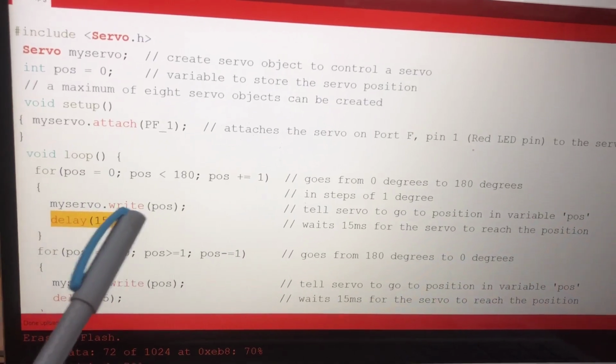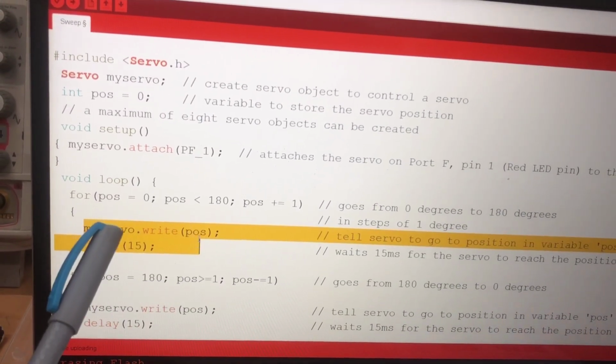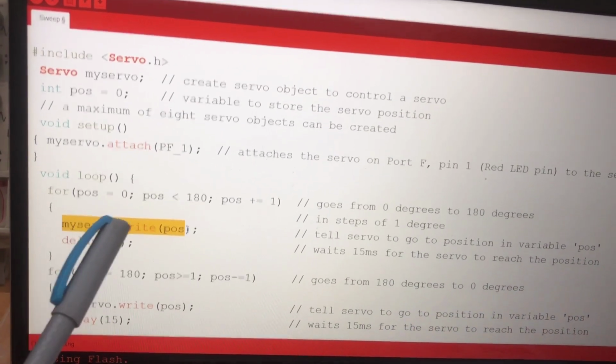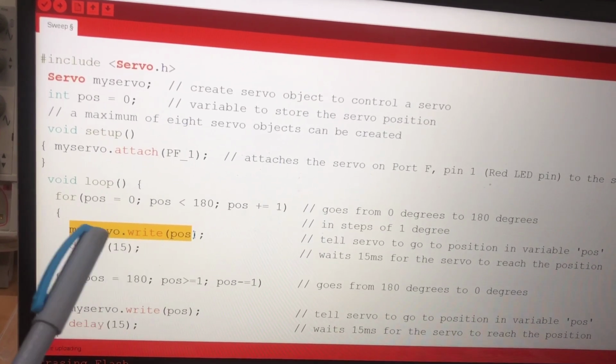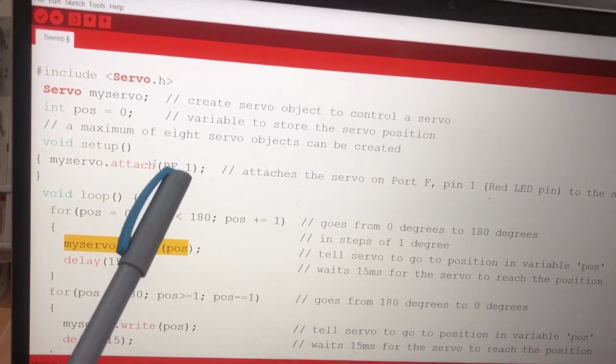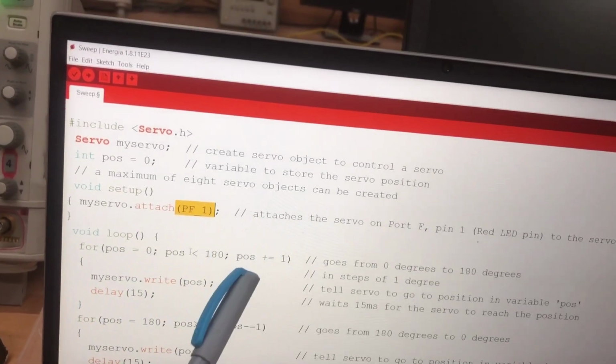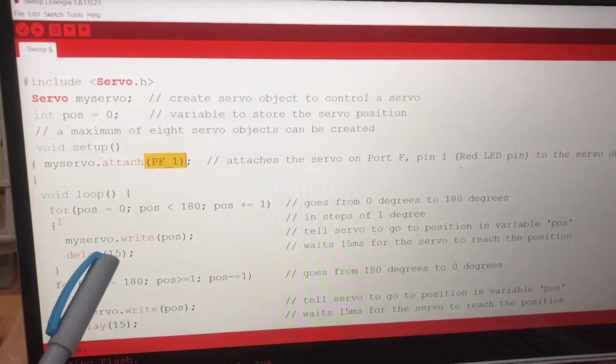So myservo write means you are writing the position value to the servo motor. This is the syntax, and myservo is connected to PF1, the PWM signal of the TIVA microcontroller. So from 0 to 180 degrees with a step angle of 1 and a 15 millisecond delay.